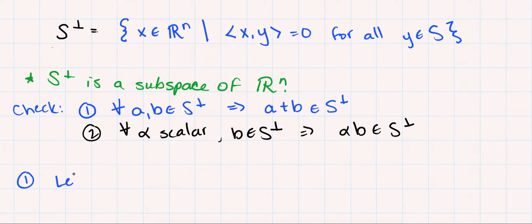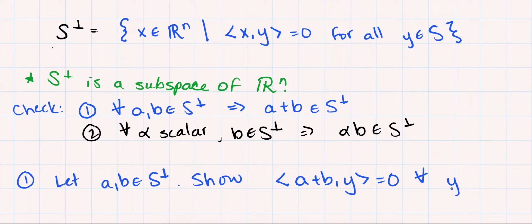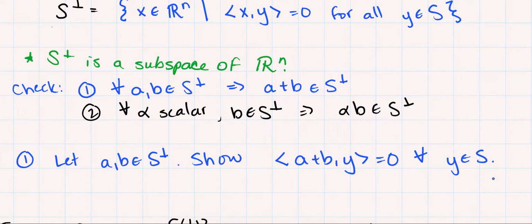Okay, so we're going to let a and b be two vectors in S perp. If we want to show that a plus b is in S perp, then we want to show that the inner product of a plus b with y is equal to 0 for all y in your subspace S. How can we do that?